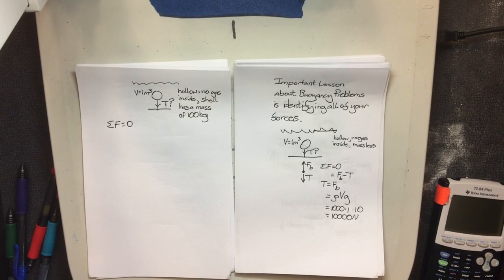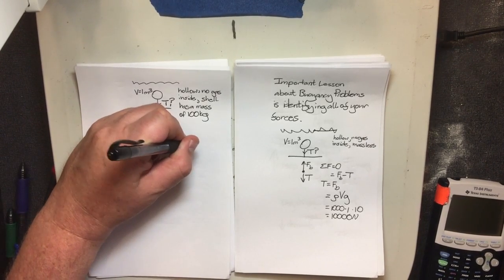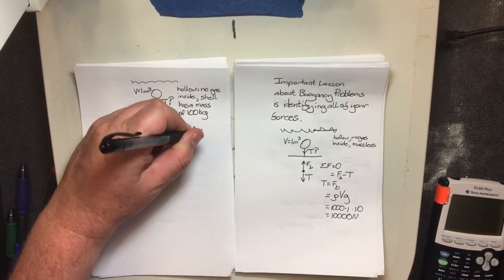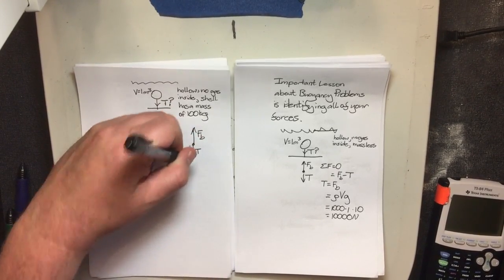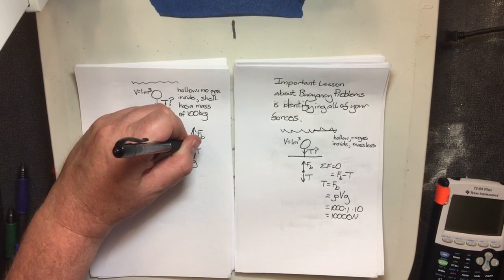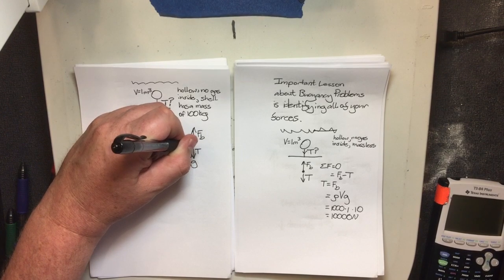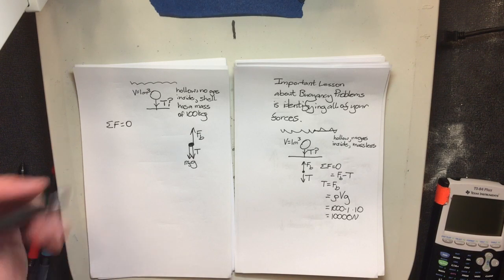Now we've got 3 forces. We've got the buoyant force up, we've got tension down, and we've got the mass of the shell and gravity pulling down as well. Because that shell has mass, it has to have a little bit of pull heading down.